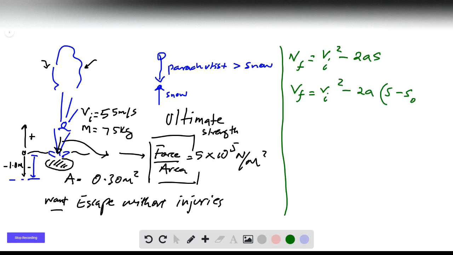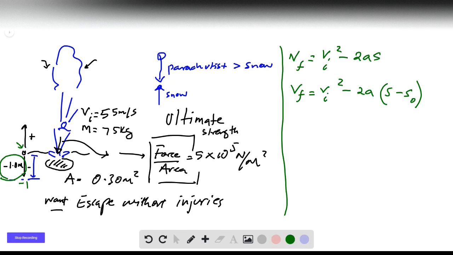Remember, our displacement is in the negative direction, so even if s naught is 0, s would be -1 at this point.